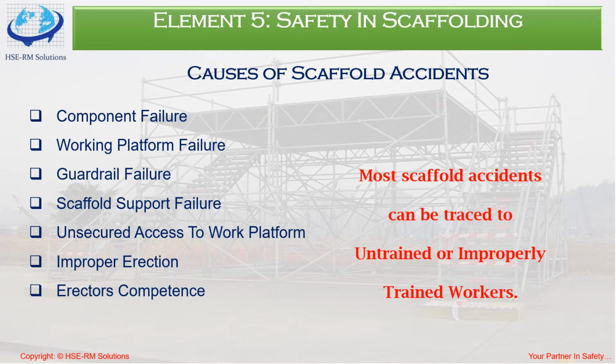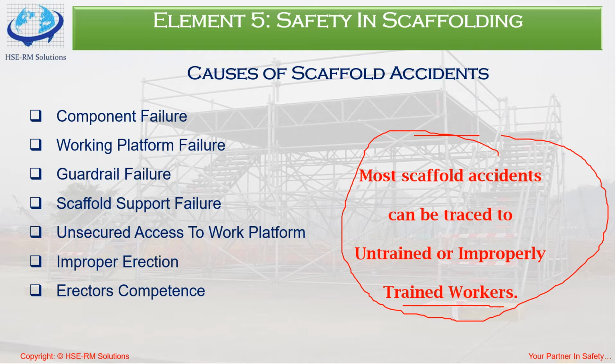When we say we are going to discuss hazards, that means we want to understand what causes scaffold accidents. So the very first aspect that we must know is, scaffold accidents happen because of what? In most cases, it comes back to training. It comes back to an untrained or improperly trained workforce.